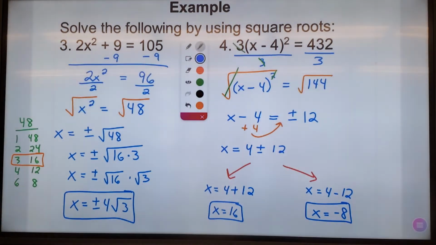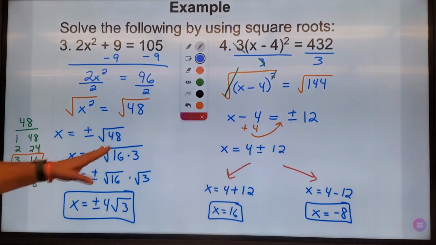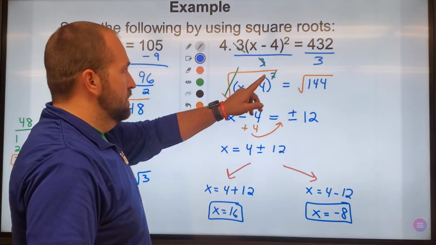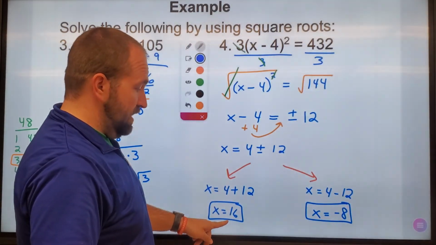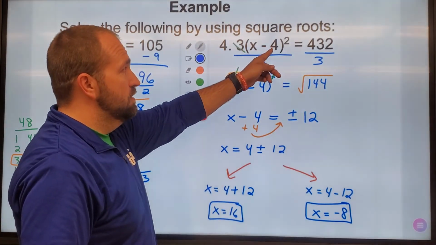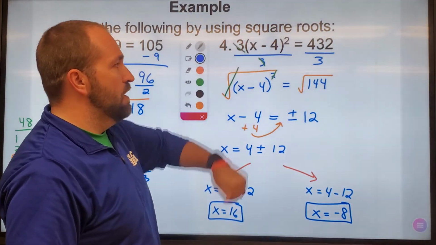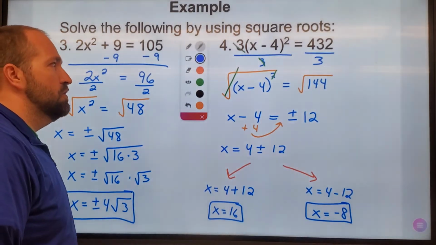Okay. Again, with these, especially if you come out with nice numbers like this, my suggestion would be to plug in to make sure that you get the correct answer back. Okay, so don't move anything around. Go back to the original problem here. Take x, or 16 here. 16 minus 4 is 12. 12 squared is 144.